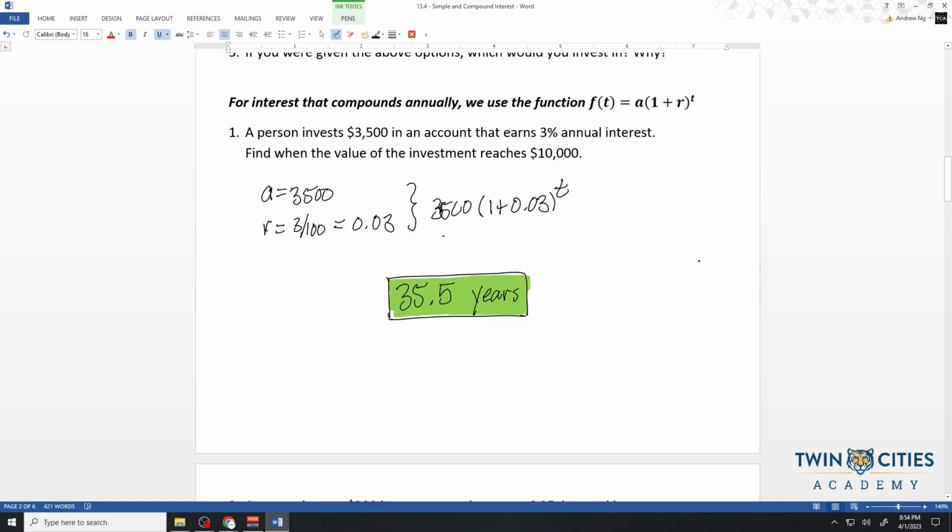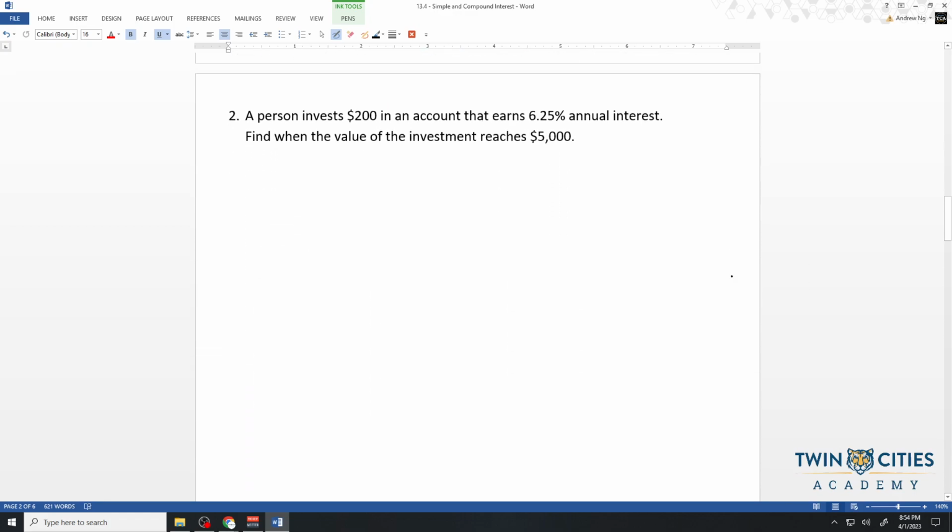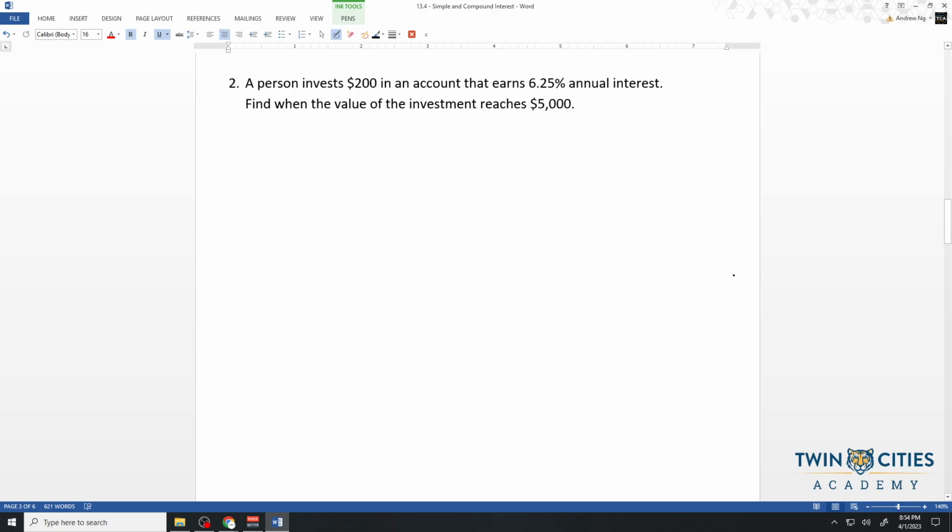All right, let's do another one. A person invests $200 in an account that earns 6.25% annual interest. Find when the value of the investment reaches $5,000. So again, I need to know what is A and what is R. So A in this case is 200.